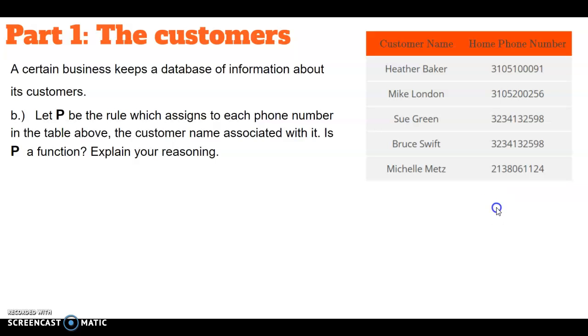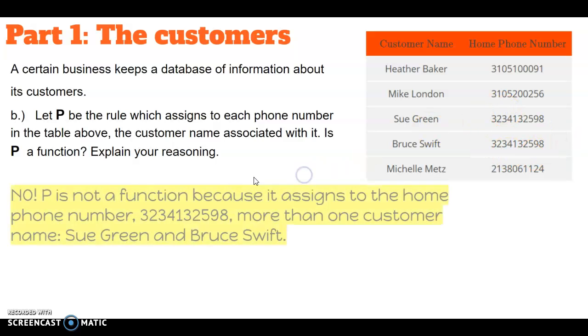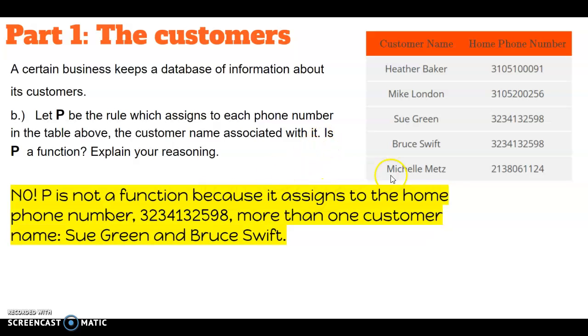No. There are two people in here that have the same phone number. Sue Green and Bruce Swift. They have the same 323 number. So this is not a function because it assigns the home phone number to more than one customer. So, which would be Sue Green and Bruce Swift.